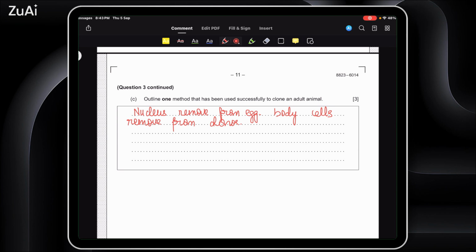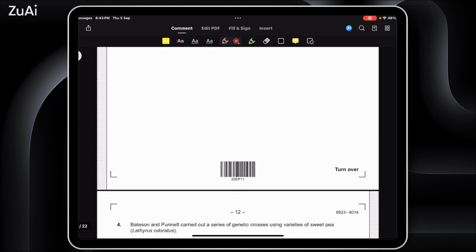Then we have to fuse the enucleated egg and body cells, and then the embryo is implanted. That's how you get the 3 marks.